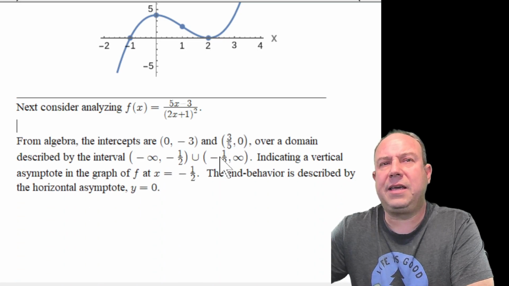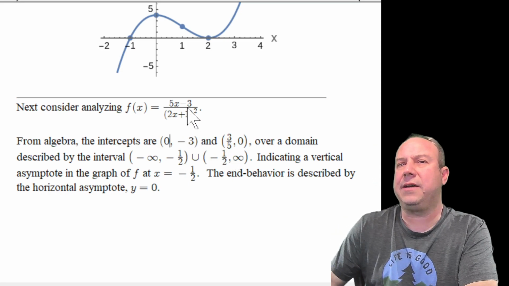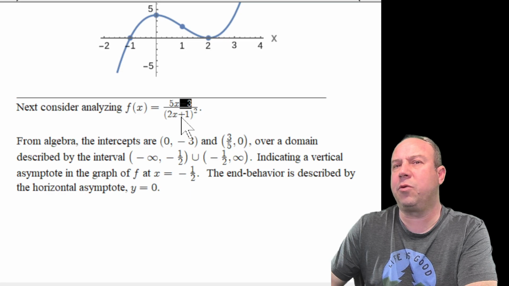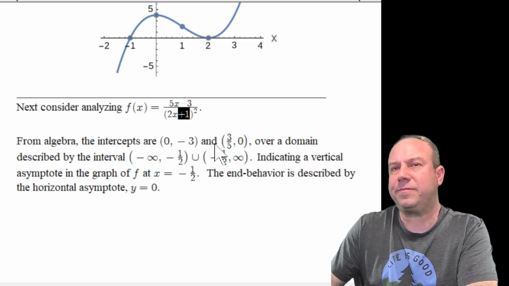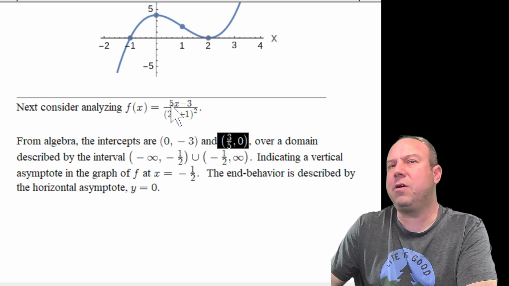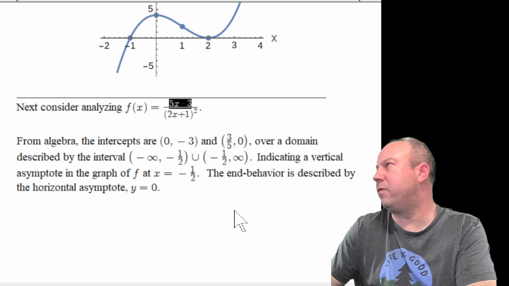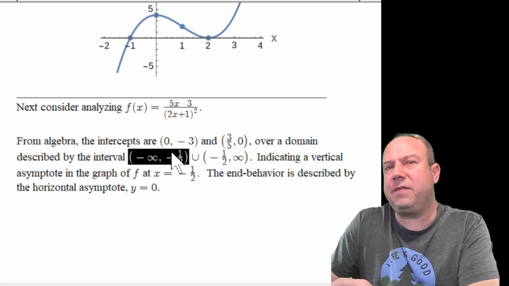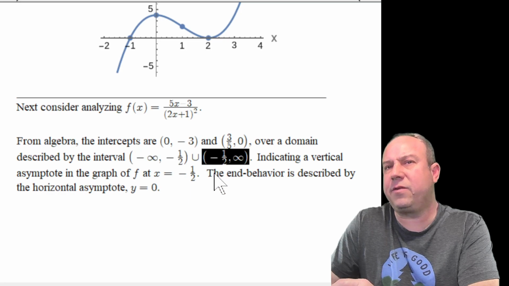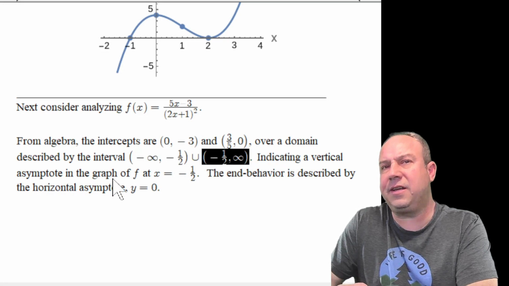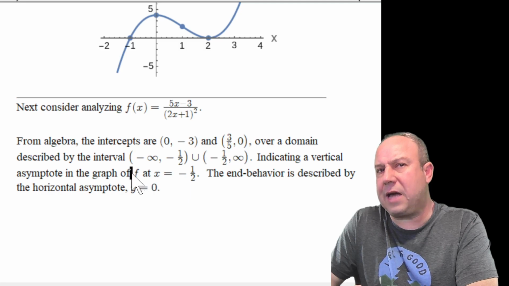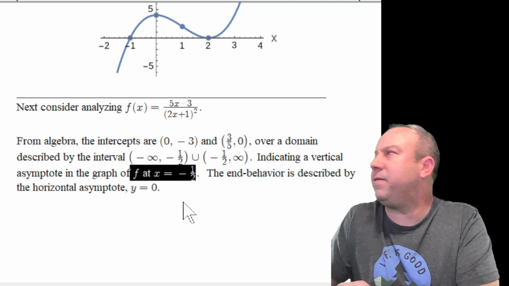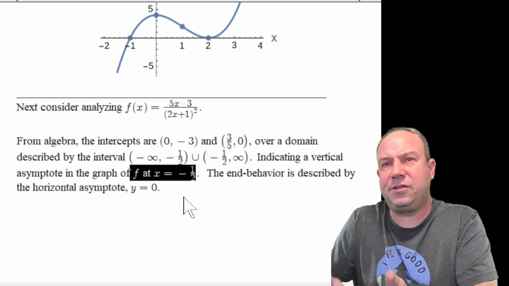All right. Again, from algebra, the intercepts are 0, negative 3. That's the y-intercept from this negative 3 in the numerator over this 1 squared in the denominator. And the 3/5 comma 0 from where the numerator equals 0 for our x-intercept. And this is all over a domain from negative infinity to negative 1/2 and from negative 1/2 to infinity, indicating a vertical asymptote is going to exist in our graph at x equals negative 1/2, and that is true.